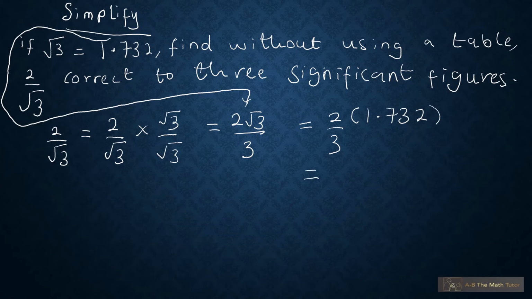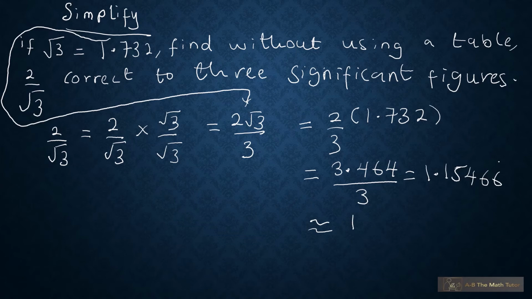So when we simplify, 2 times 1.732 will be 3.464. And when we divide it by 3, we will get 1.154666, recurring, as you can see with the dot on top of the 6. And when we approximate this to 3 significant figures, we will have 1.15.